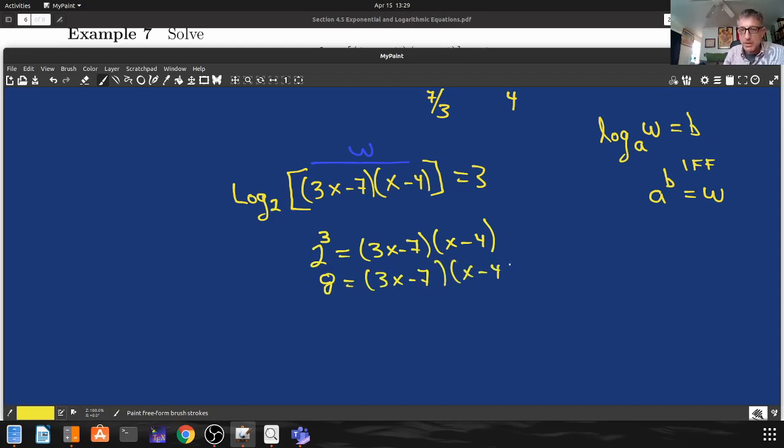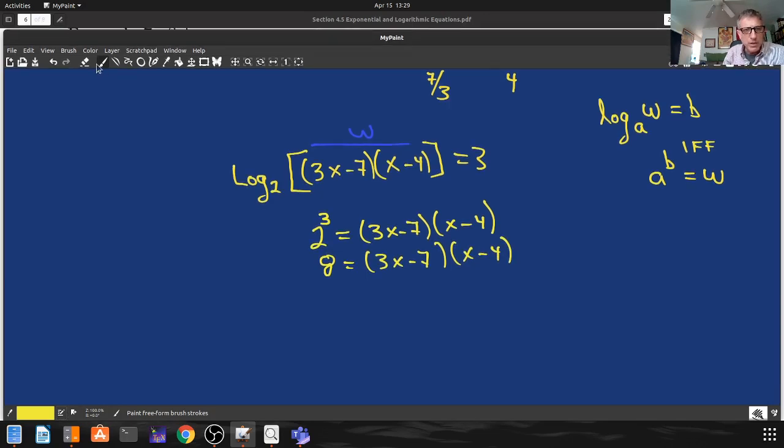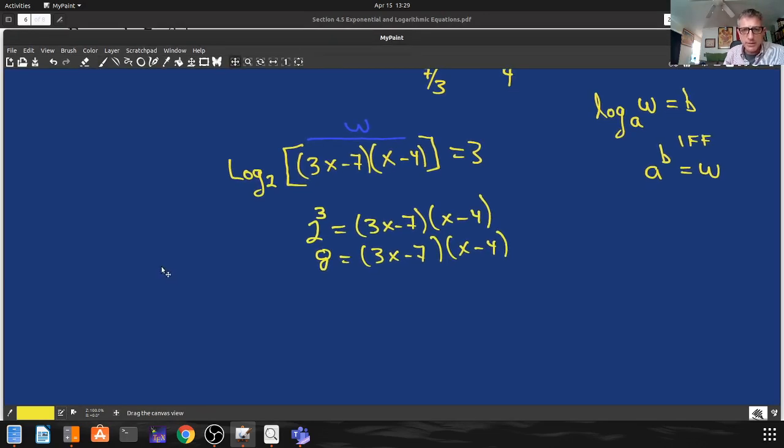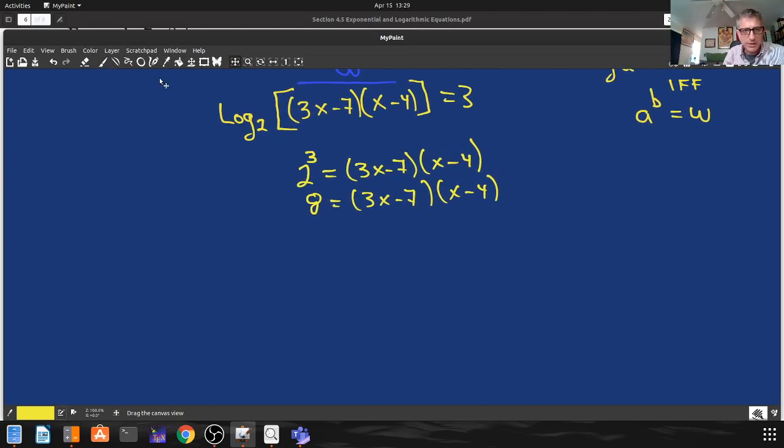So this is going to be another quadratic equation. You should always try to factor these if you can. Factoring is usually easier than whipping out the quadratic equation. So I'm going to multiply out the right-hand side. This is 3x squared minus 12x minus 7x plus 28.